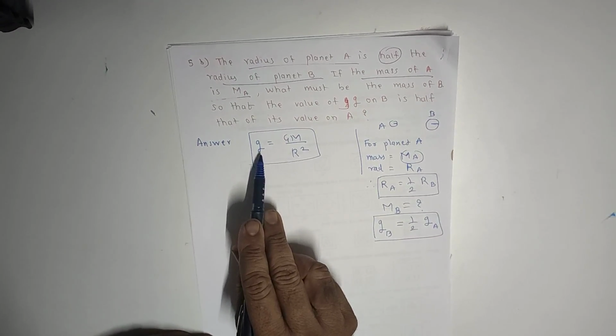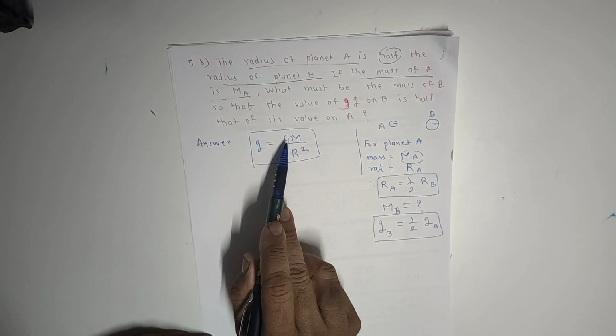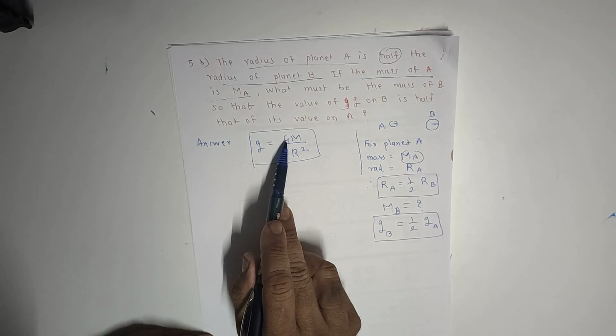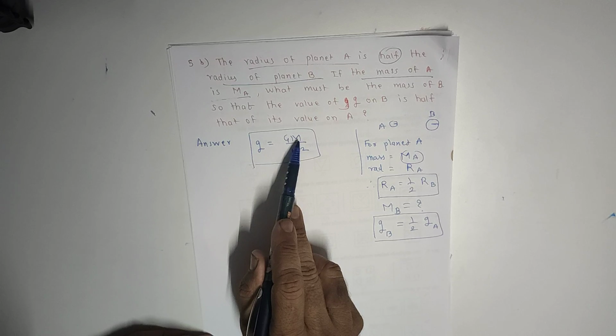This is also given, and we know this formula, small g gravitational acceleration, capital G universal gravitational constant, which we always use as 6.67 into 10 raised to minus 11 Newton meter square kg raised to minus 2. M is mass of that planet, of that earth, of moon, whatever it may be.